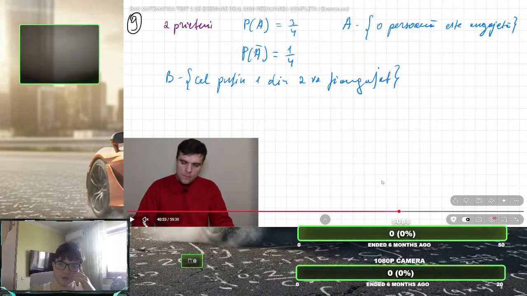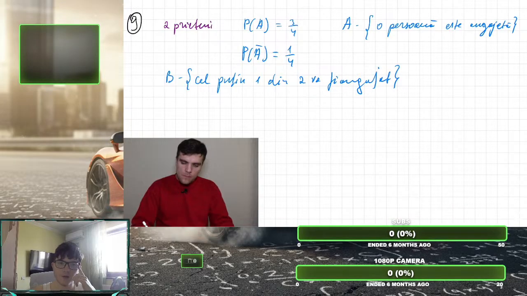Great. We have negative probability and normal probability. And we have two events: one person is being employed, and at least one from the 2 persons is employed. So just pop 2 circles.